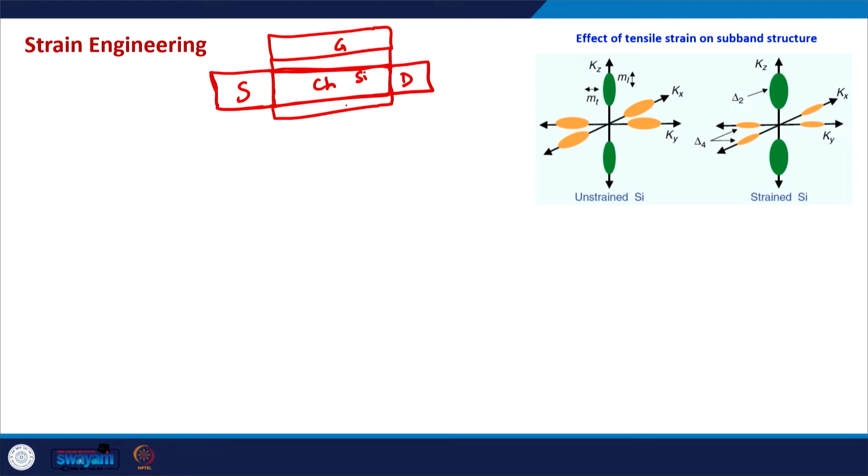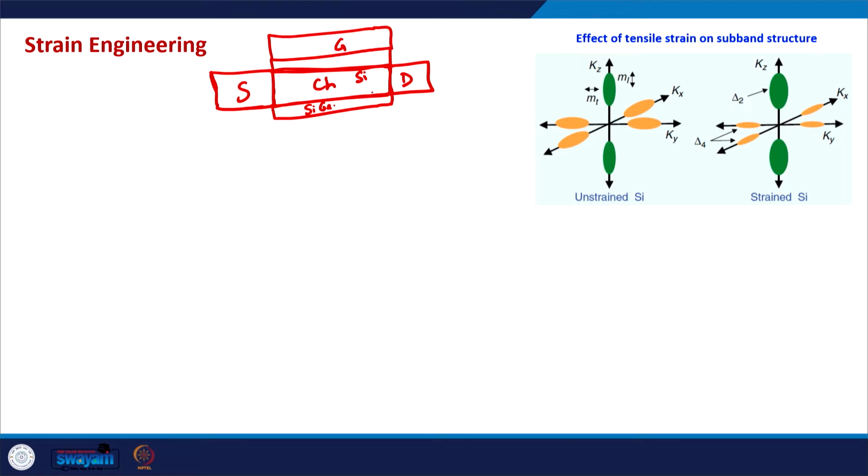So, what we do is that we put a small layer of silicon germanium. So, essentially this channel silicon material is grown on the substrate of silicon germanium layer, and there is a difference in lattice constants of silicon and silicon germanium.